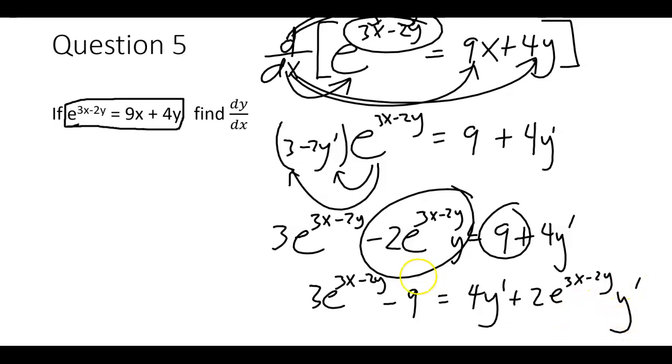All right. Now after you separate the y prime expressions from the non-y prime expressions, you're going to factor out of each one of these terms here the y prime. And that will look like this. If I can squish it in there.